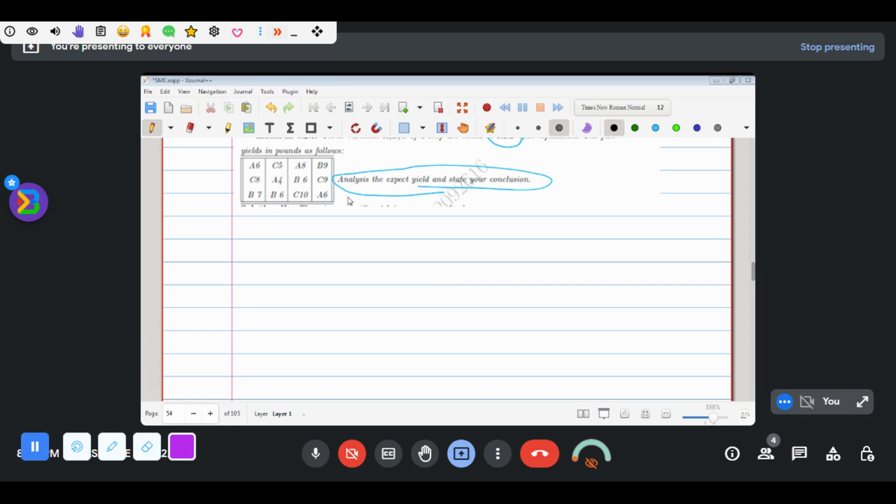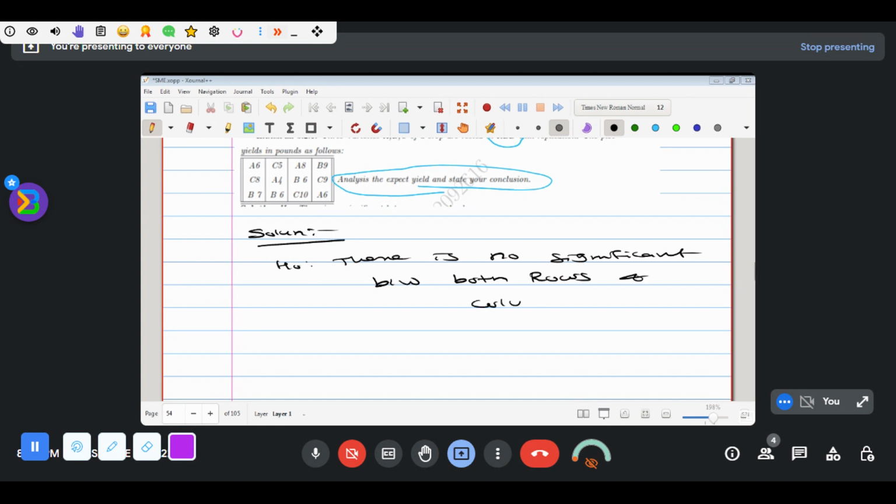So I am writing here the solution. Assume H naught: there is no significant difference between both rows and columns. Next, let us take column basis and row basis A, B, C.